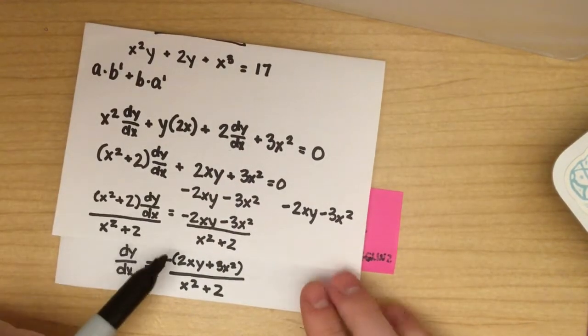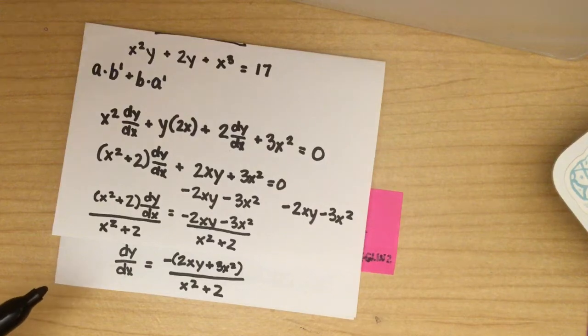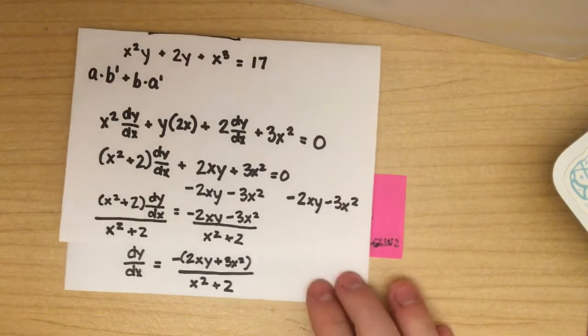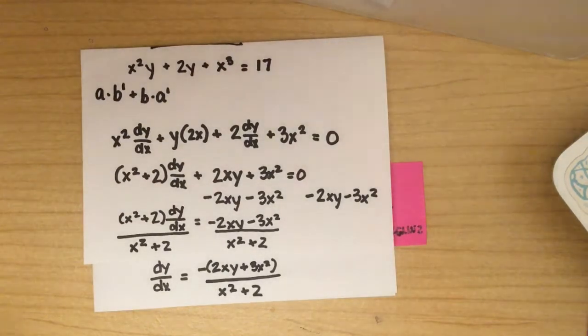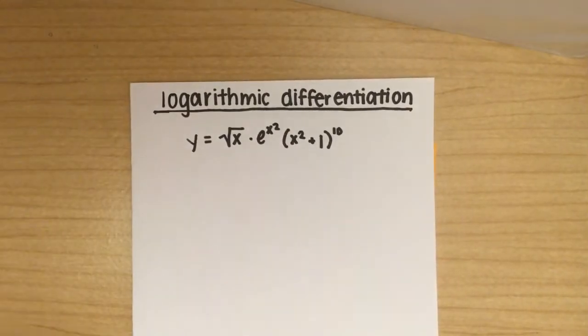So we just took out the negative sign instead of distributing it through. This just makes it easier to look at, I think. So those are 2 examples, and we're going to move on to a third one, which will be a little bit harder. Okay, now we're on to our third example, and this one is called logarithmic differentiation, but you use implicit in it.